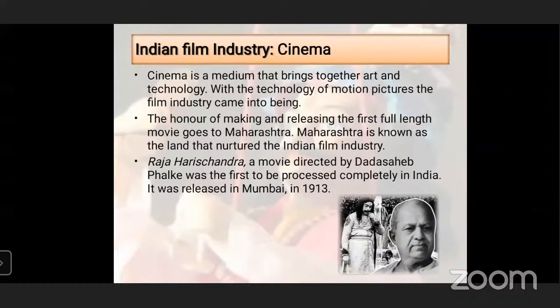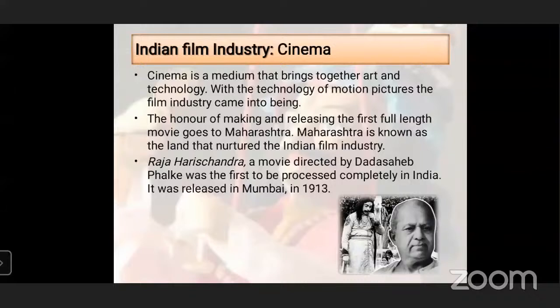Yes, students, if you have noticed the years 1913, 1914, 1918, all these are during the British rule, before independence. Here Anand Rao Painter was the first person who made the cine camera.